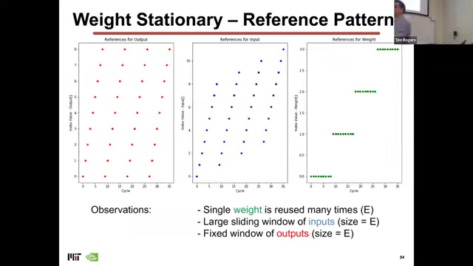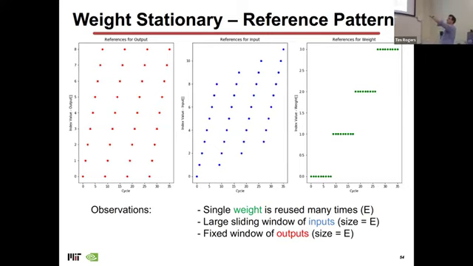And then we can map out the access patterns if we've got a weight stationary type approach. And here, we change the sizes. Actually, we kept the sizes the same for each. So for all of these, we have to have the same size of inputs, weights, and activations, but the patterns are clearly a lot different, right?